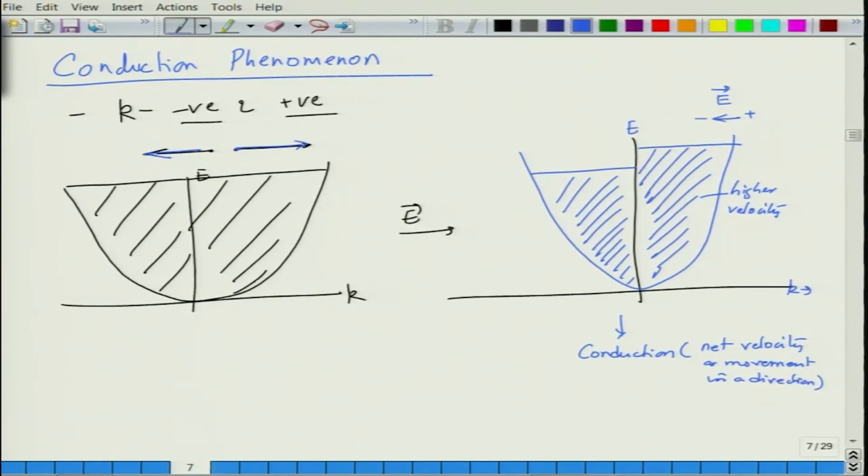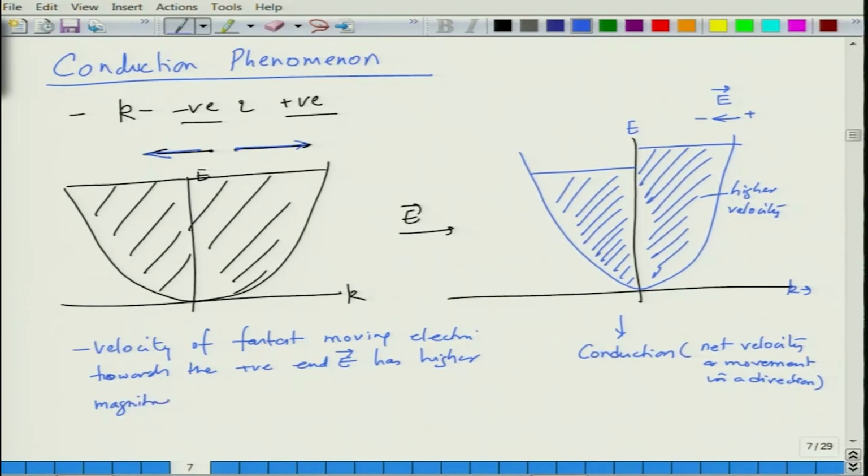Essentially we are saying that the electrons, which are negatively charged particles, move towards the positive end of the electric field, and the velocity of the fastest moving electron towards the positive end of E has higher magnitude than the one moving towards the other side.